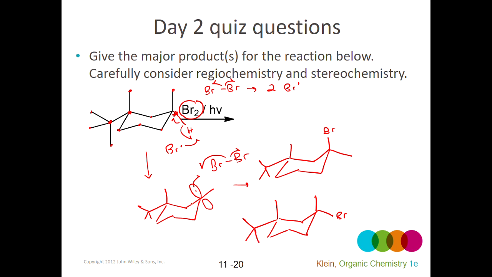So since this is flat, you might be thinking, well, it's equally likely to do both. But that's not quite correct, because if it comes in from the top and ends up here, it's a smaller group than the methyl group. The methyl group's more sterically hindering. If the bromine comes in from the bottom as a smaller group, pushing the more sterically hindered methyl group up, that's not as good.